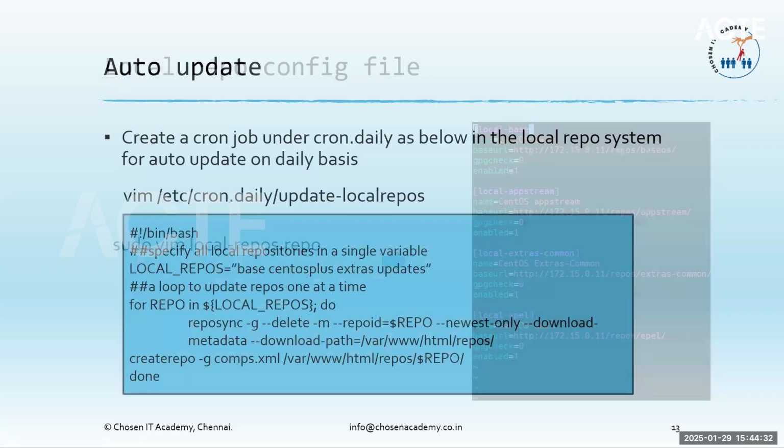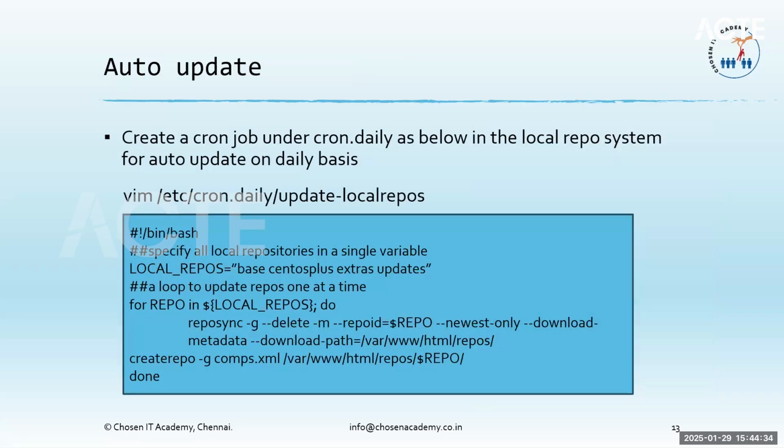Okay, so now coming to the master system, we may want to keep this master system up to date. Again, we can write a cron job. Cron job is one thing that we learned yesterday.